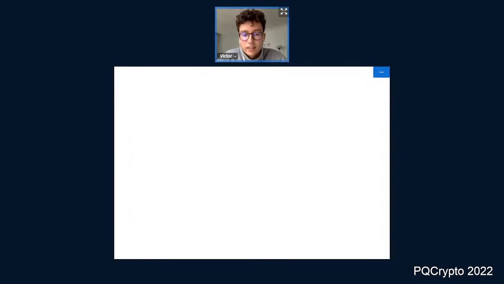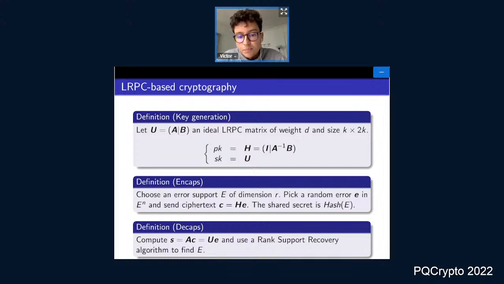And to decapsulate your shared secret, you take the syndrome and you multiply it by the left block of the secret key matrix, and you get then this time the syndrome associated with the error E, and this time not the public key matrix, but the secret key matrix. And this is very useful to use what is called the rank support recovery algorithm, which in the case where you have an LRPC matrix U and an error E, it's very efficient to find the support of the error E. And then you can recover your shared secret.